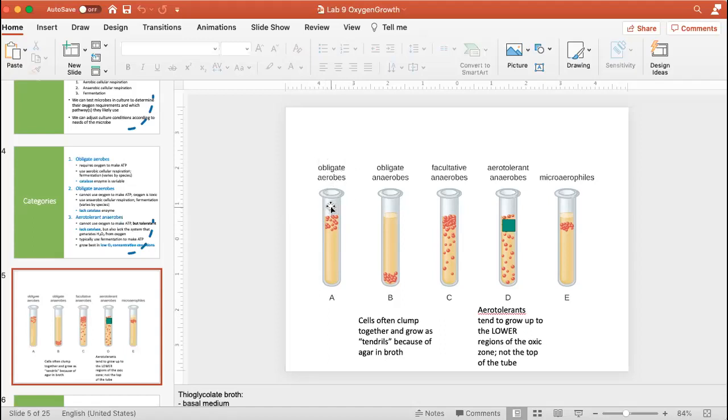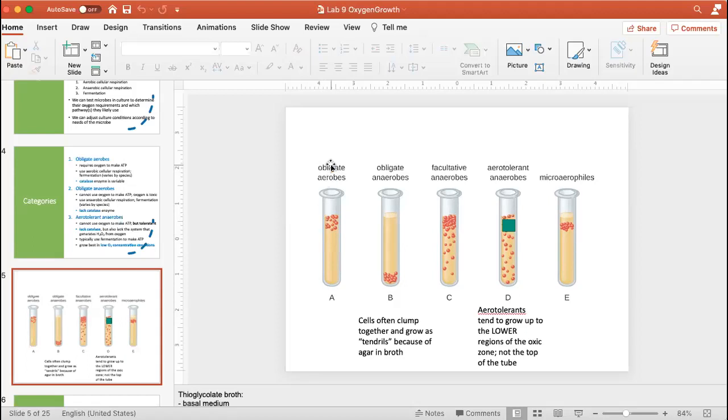So the air can interact with the thioglycolate medium right here, and some of the oxygen will dissolve into the medium. Now, it can't get down very deep, but it can go down to this level. So we give this area of the tube a name. The top 1/5 of the tube, the top approximately 20% of the tube, is what we call the oxic zone. And it's got oxygen in it.